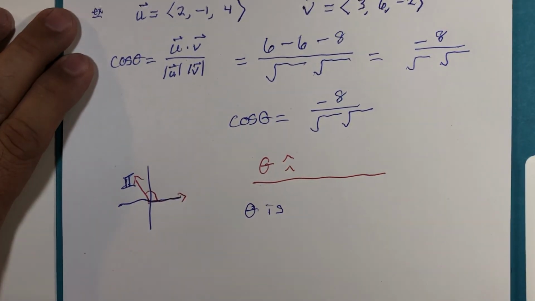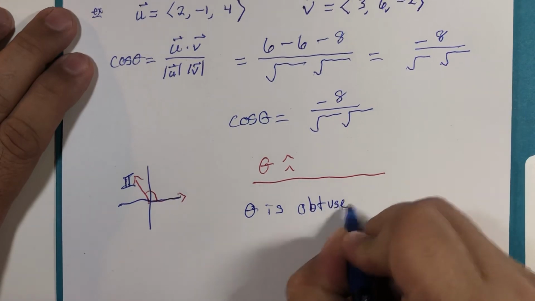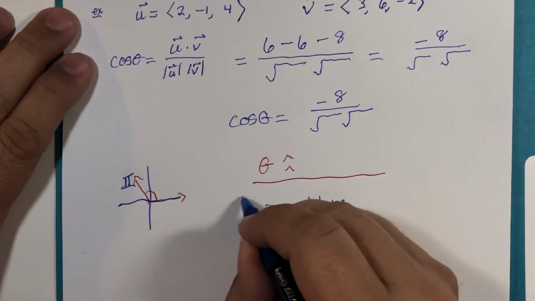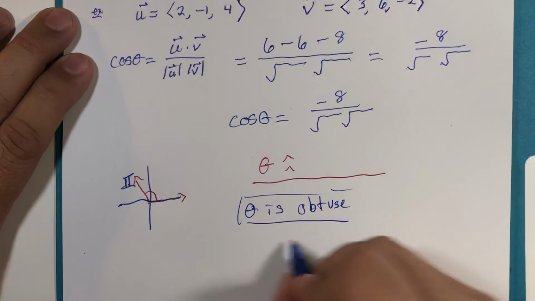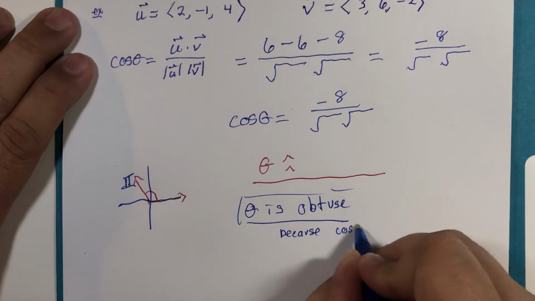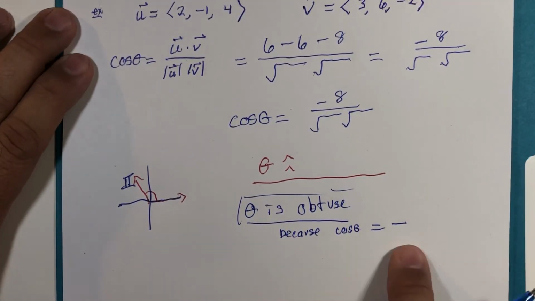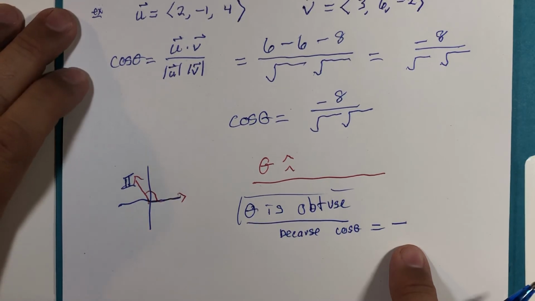What was that term again? Oh yes, obtuse. I already know theta is going to be obtuse because cosine of theta is equal to a negative value. This is not very nice math notation, but it's like a shorthand that I would accept under desperate circumstances.